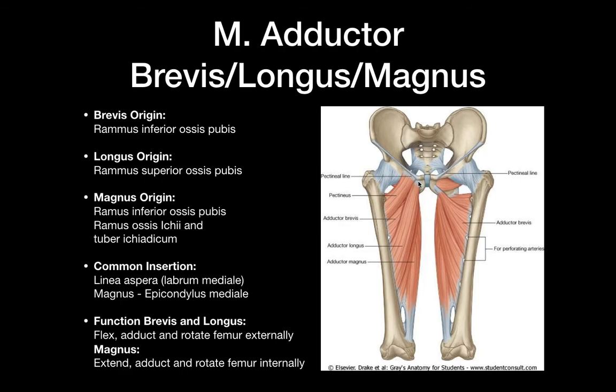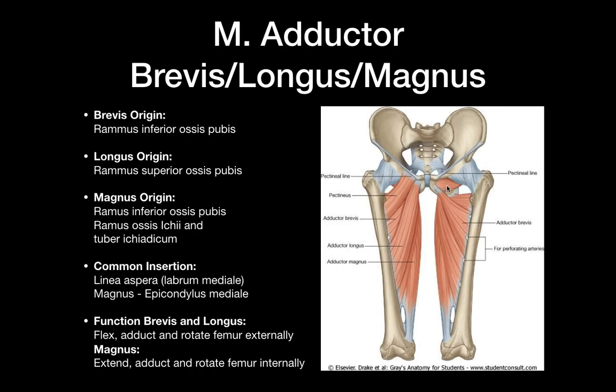here, this one, and also the musculus adductor magnus is going to have different origin points. You can see this biggest muscle here. This is the magnus. It's going to originate from ramus inferior ossis pubis, and also ramus ossis ischii and tuber ischiadicum.